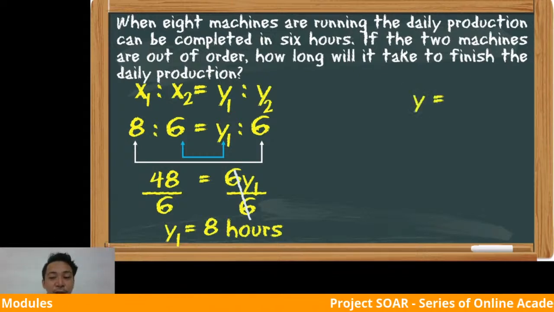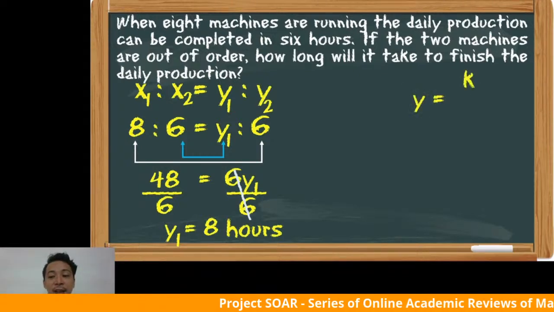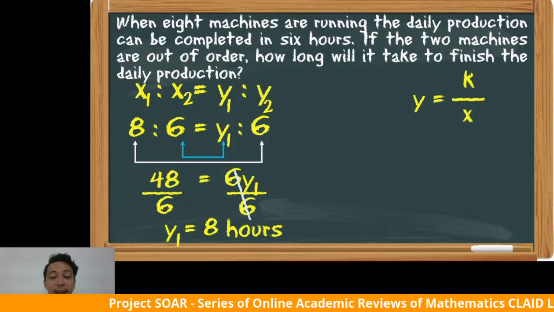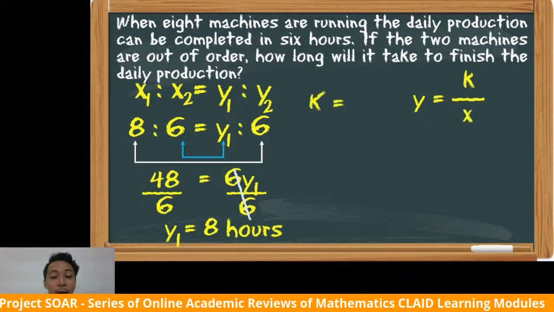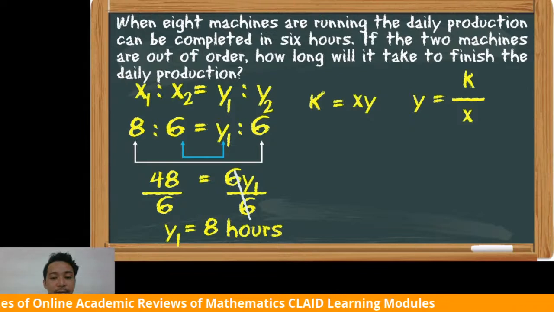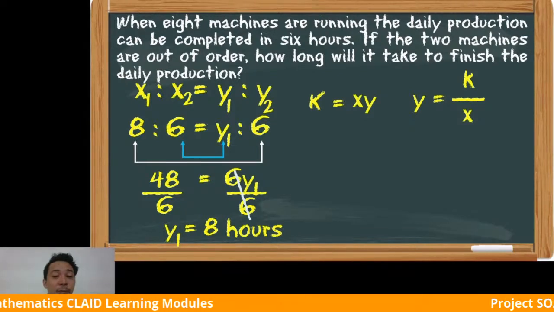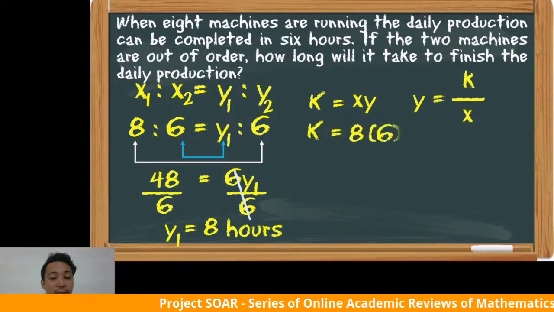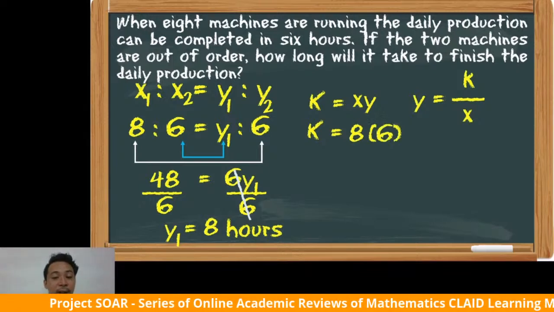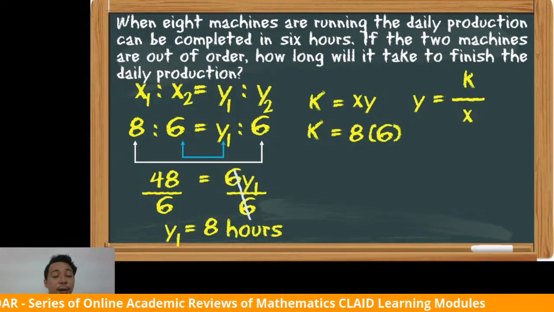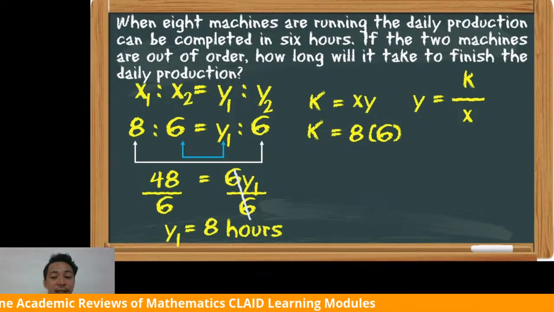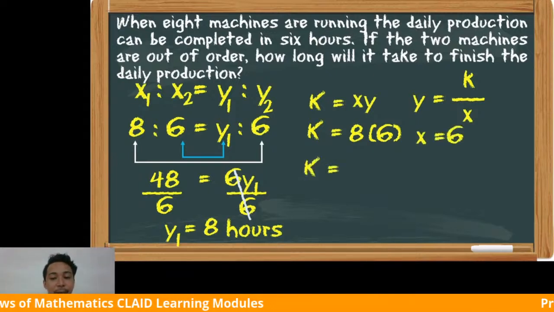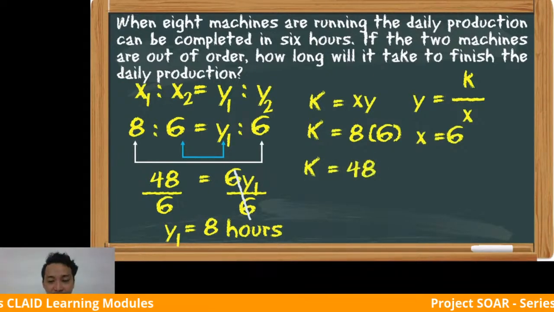Using the other equation, we have y equals k over x, and k can be computed as y multiplied by x, or x multiplied by y. So we'll have now x, which is 8 machines, multiplied by 6 hours. So the daily rate, or the constant of proportionality here, is 48.